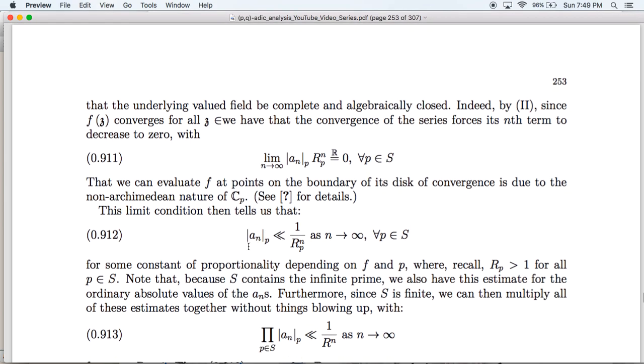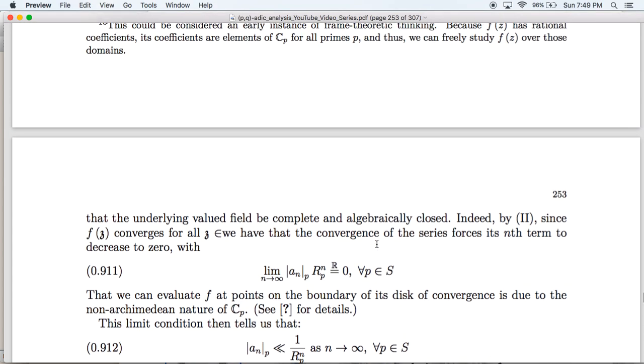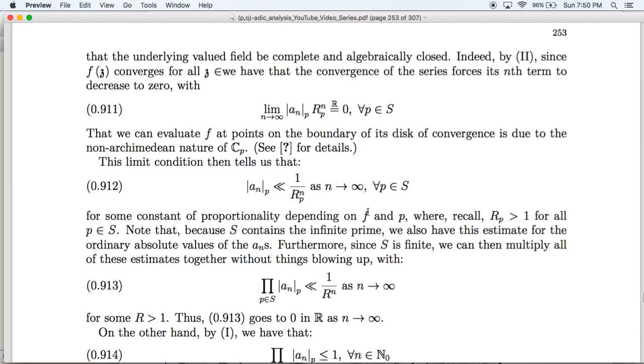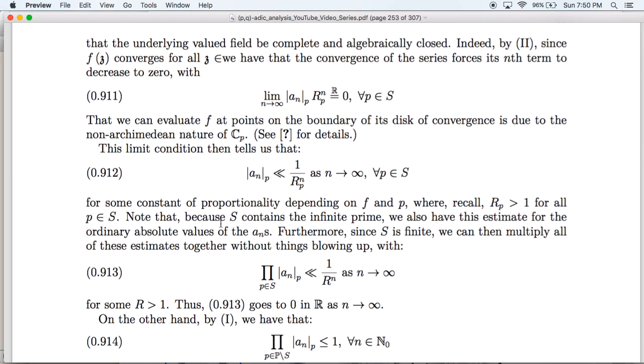So with this limit condition, and this is just the Cauchy estimate phenomenon: given a power series with rational coefficients a_n, if big R_p is the radius of convergence of that power series as a function over the p-adics, then the a_n must decay p-adically in a manner proportional to 1 over R_p to the power of n as n goes to infinity, and this occurs for all primes p in our set S. Note that because S contains the infinite prime, this estimate also occurs for the ordinary absolute value.